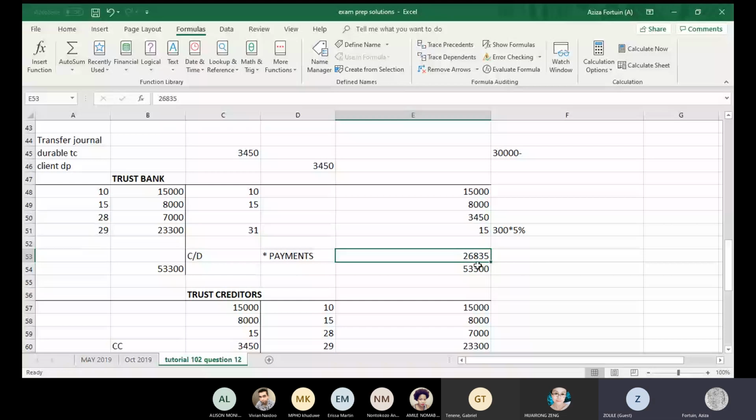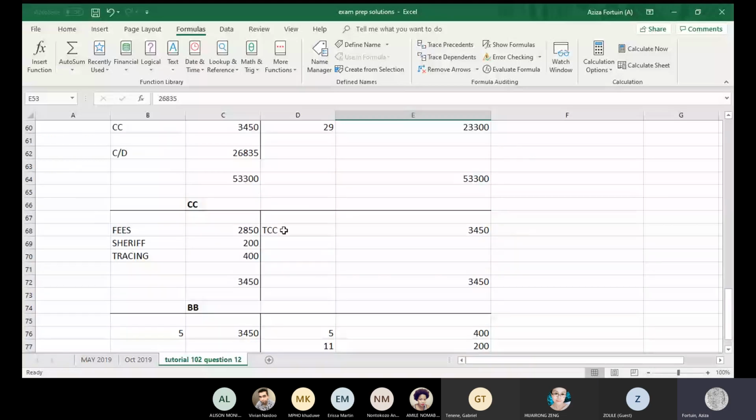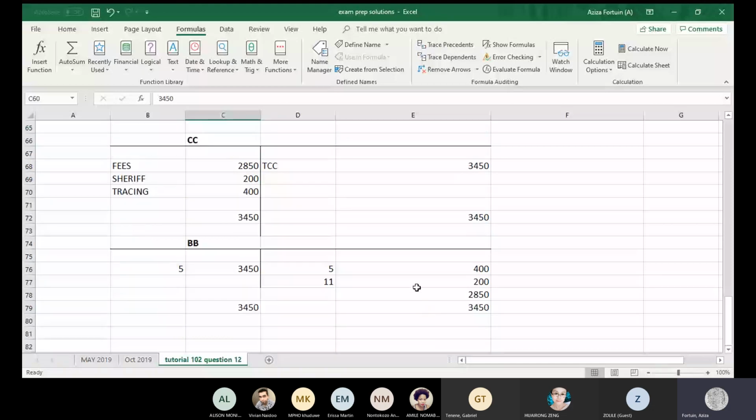Okay? The same happens on my trust creditor side. So if I move to my client control account, the fees was 2,850 Rand. The sheriff was 200 Rand and the tracing fee was 400, right? So 3,450 Rand was in my client control account, which I have to then bill to my trust creditors control. So that is on the credit side, that's my transfer to my trust creditors control account, and that's why I put it here in my trust creditors control account. In my business bank account, I'm going to credit the 400 Rand that I paid out to the tracing fees.